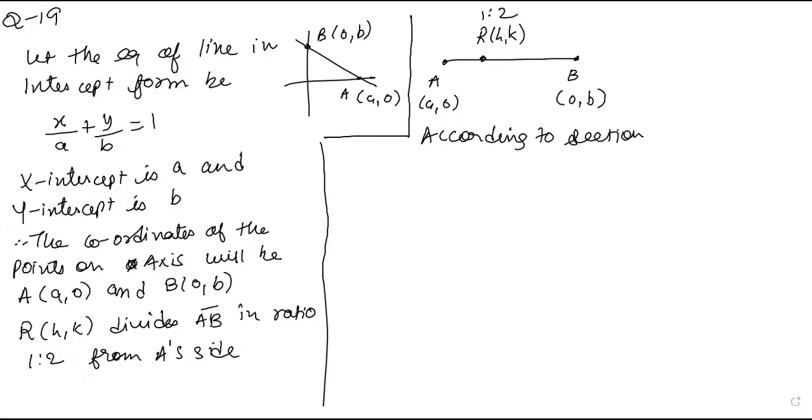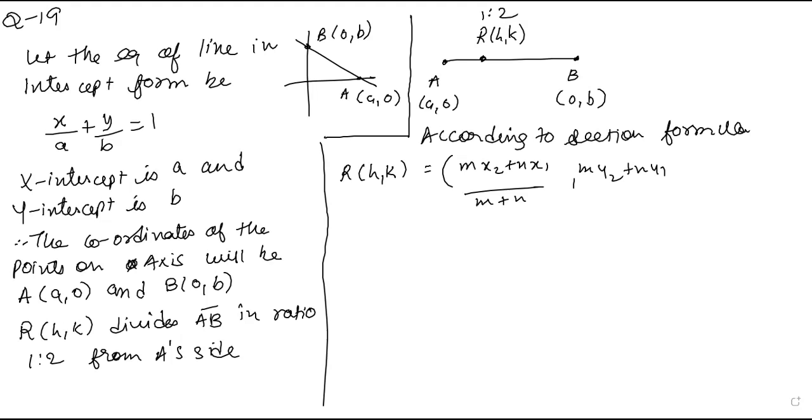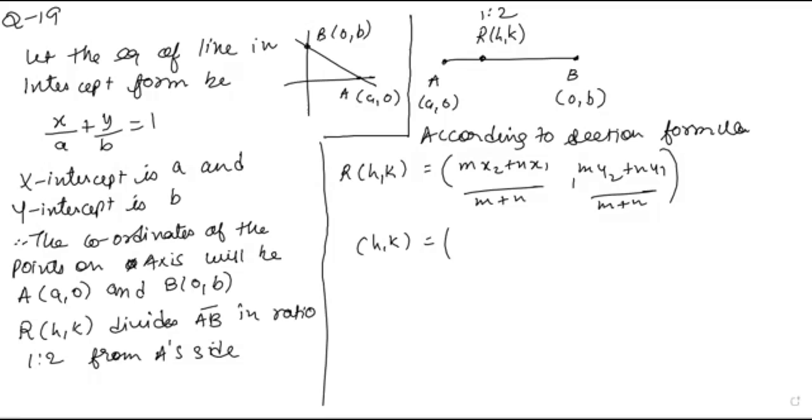So according to section formula, point R (h, k) can be found out using the formula (m x2 plus n x1 upon m plus n, m y2 plus n y1 upon m plus n). This is your section formula. So this is m is to n. So 1 into x2, which is 0, plus 2 into a, upon 1 plus 2.